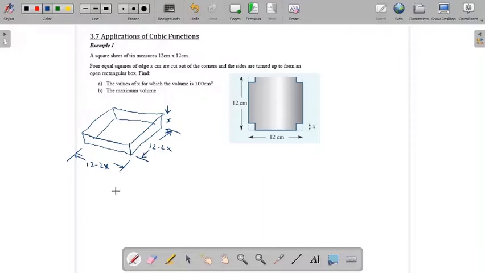That's an important thing when you're working through a problem like this, just to draw a sketch and put on it the relevant values, numbers, dimensions.